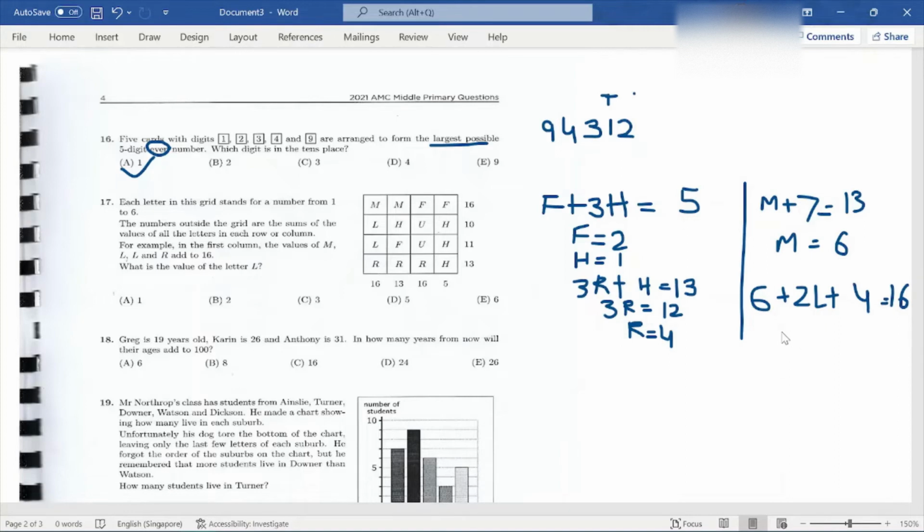So 2 times L is equal to 16 minus 10, which equals 6. So L would be, what times 2 is 6? 3. So the value of L will be 3. Option C.